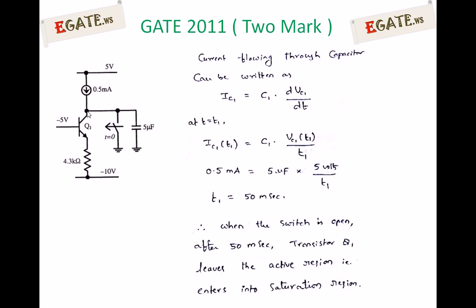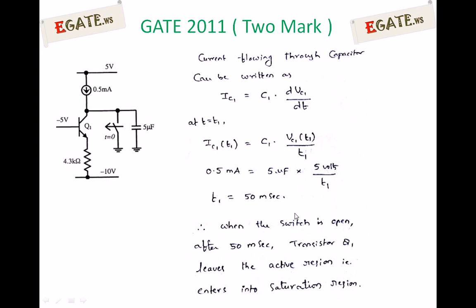So IC1 of t1 is equal to C1 into VC1 of t1 by t1. With the known values IC1 is 0.5 milliamperes, C1 is 5 microfarads, VC1 is 5 volts, T1 can be calculated as 50 milliseconds.